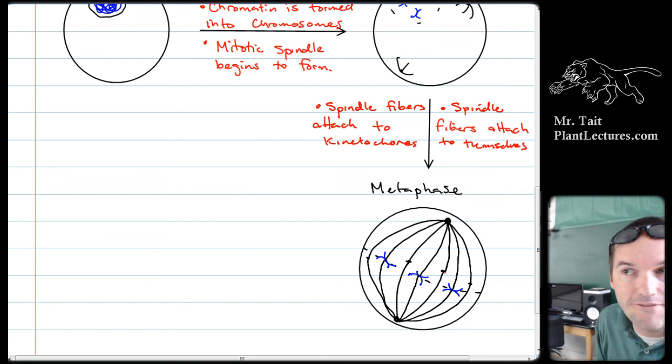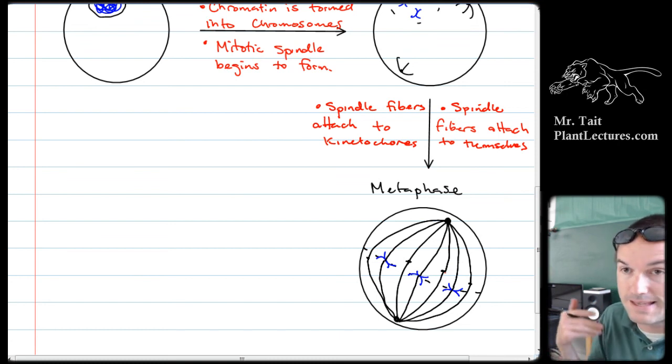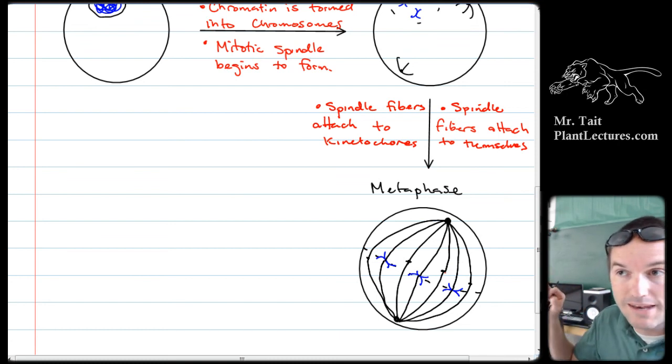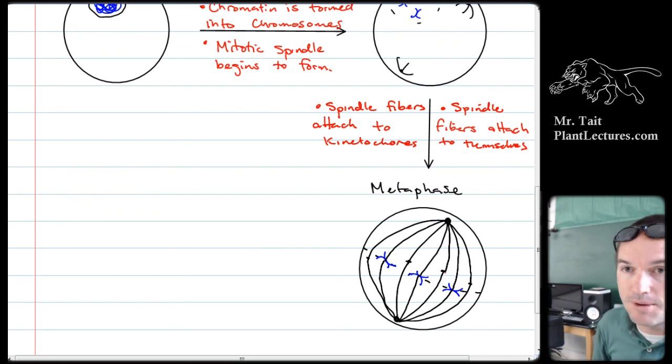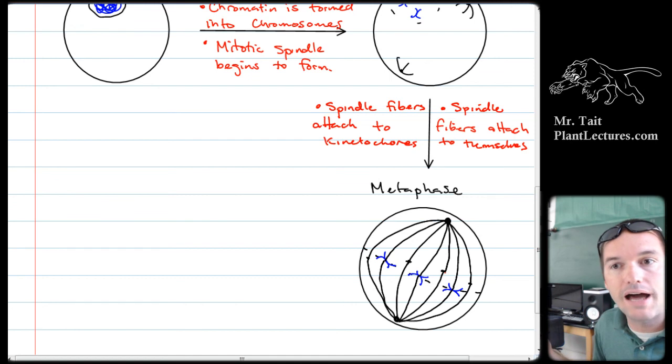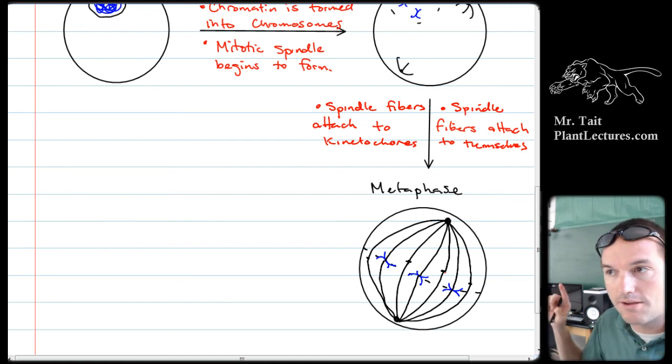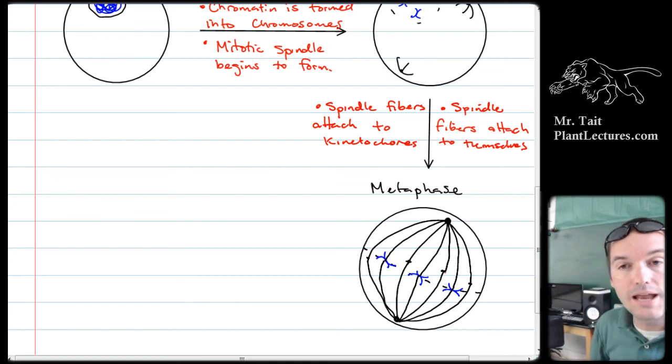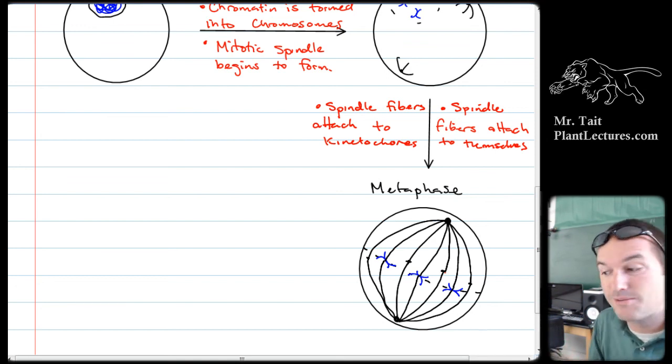Now, the side effects of chemotherapy are things like hair loss, weakening of the nail beds, upset stomach, and the reason for that is that those are the other cells in your body that are also dividing very, very rapidly, right? Your nails, your hair, your lining of your stomach are the most rapidly dividing cells in your body, and therefore those cells are also going to be affected because it's very likely that they are also going through mitosis at that given time, and it's affecting all cells that are going through mitosis, not just the cancerous cells, right?